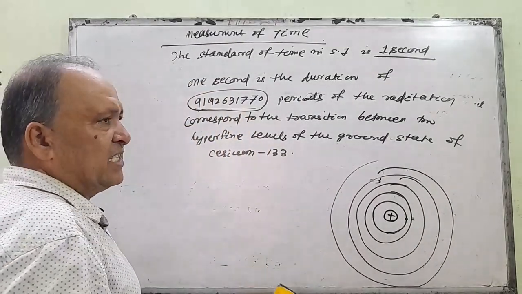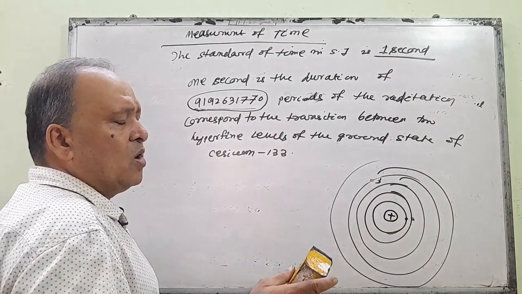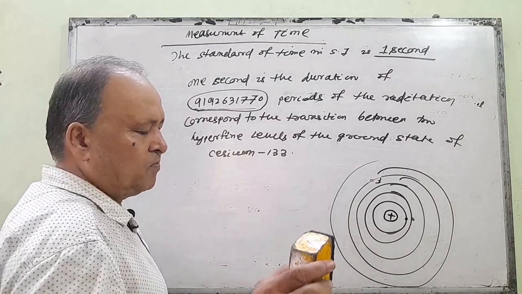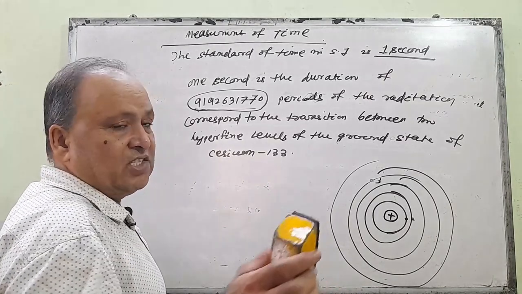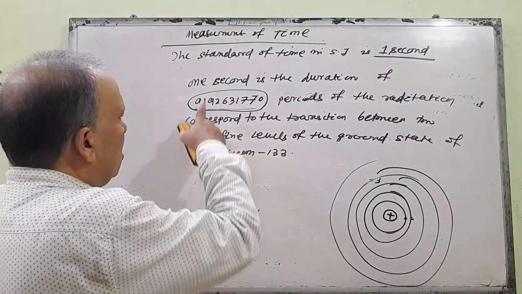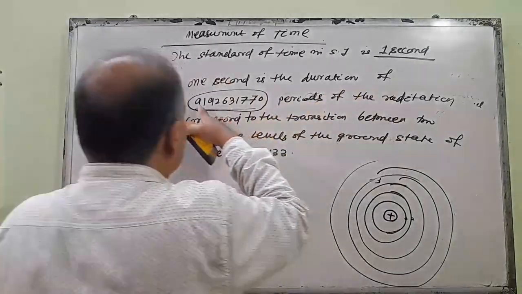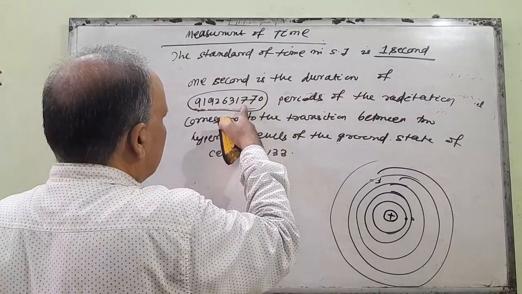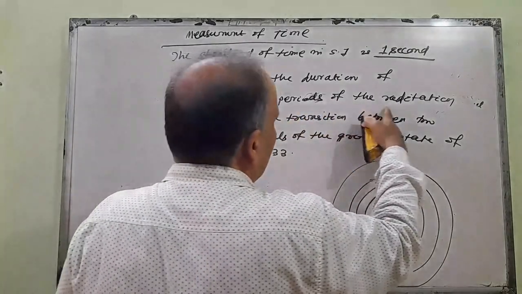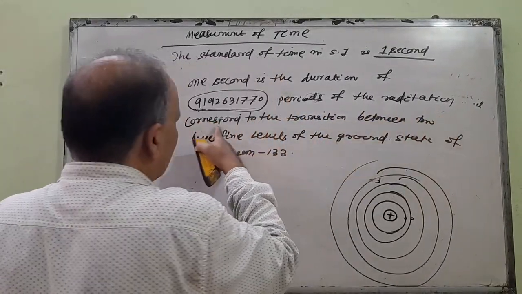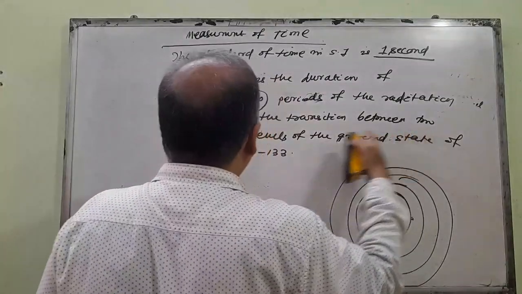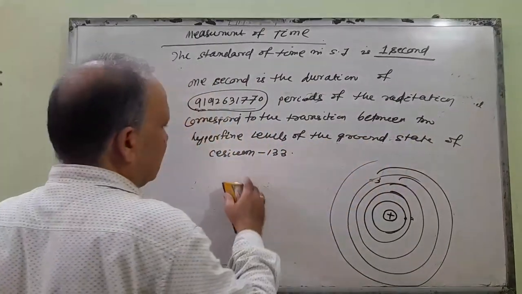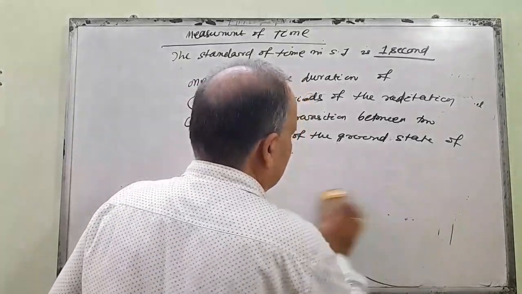You don't say 1 second is equal to 1 by 60 minute, or 1 by 3600 hour, like this. So 1 second is the duration of 9192631770 periods of the radiation corresponding to the transition between two hyperfine levels of the ground state of cesium-133.